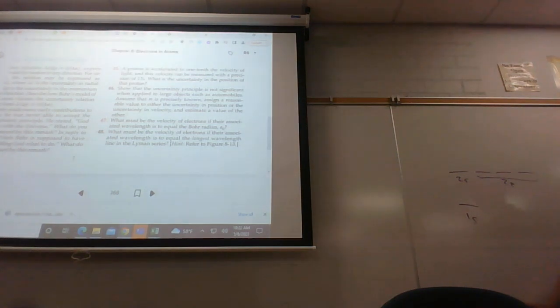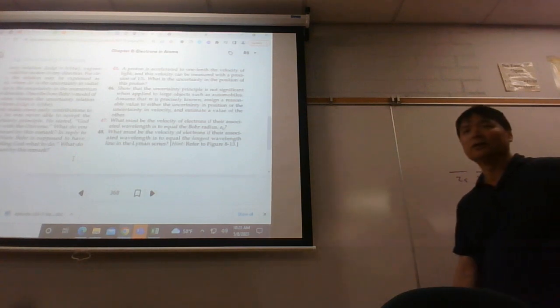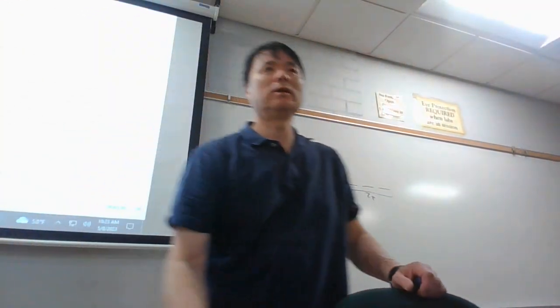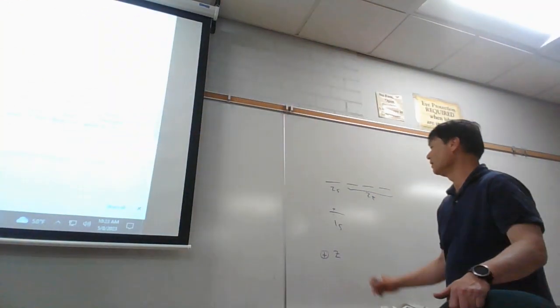If we look at the hydrogen atom, what's the nuclear charge in the hydrogen atom? +1. That's called Z. So if an electron were in a 1s orbital, what effective nuclear charge would it observe? +1.